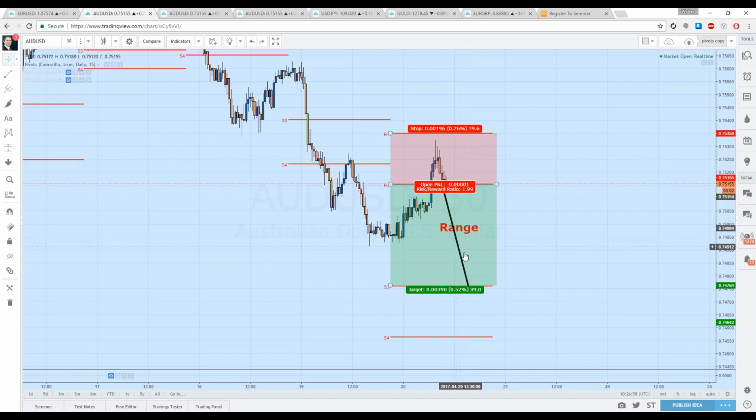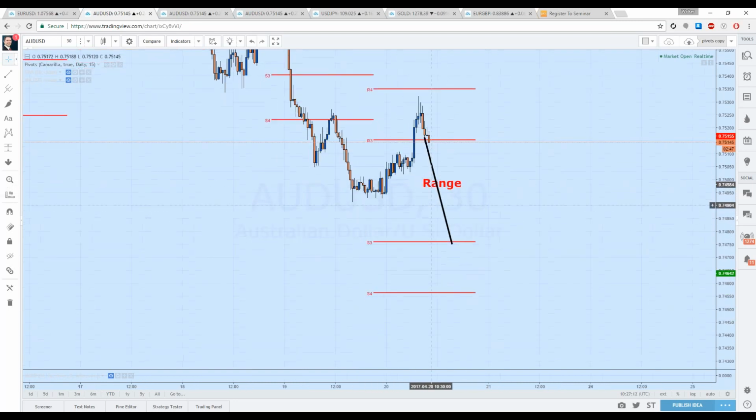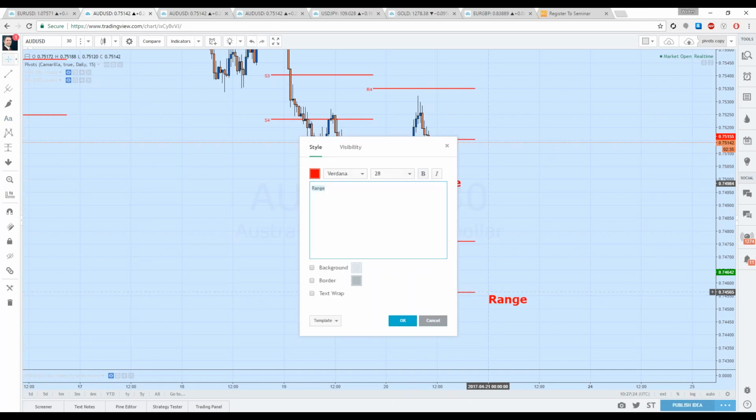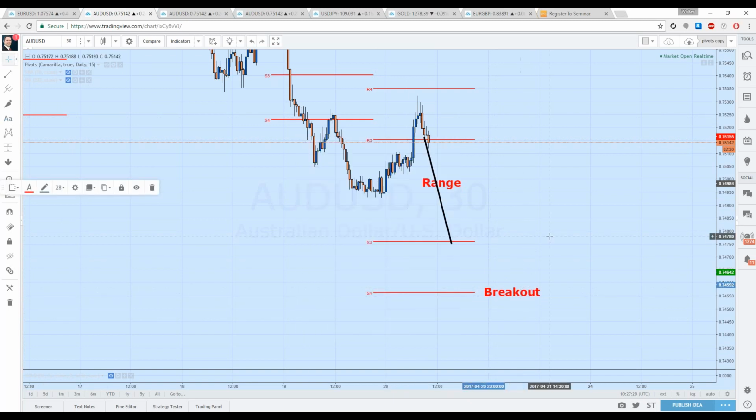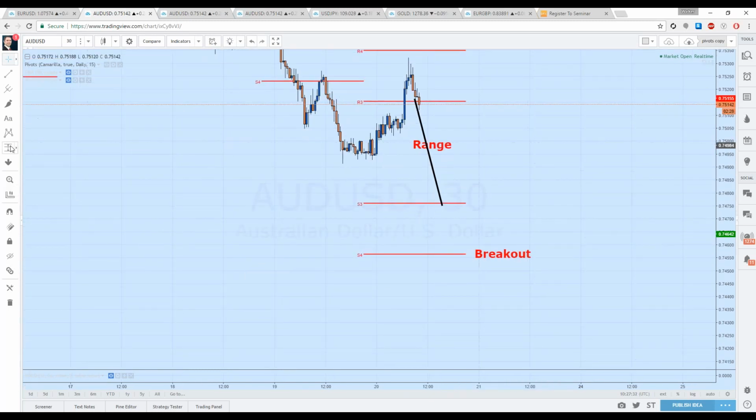Traders may only look to sell as the market trends lower. So, with traders not looking to buy at S3, the next option would be to sell a breakout beneath S4.